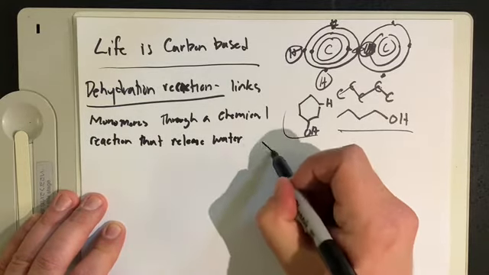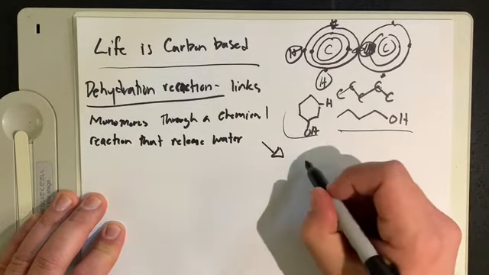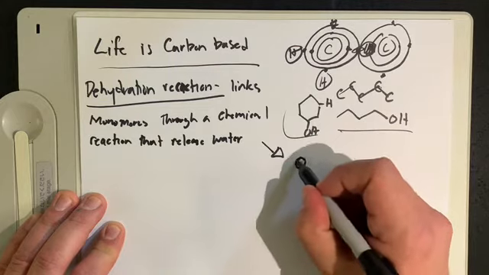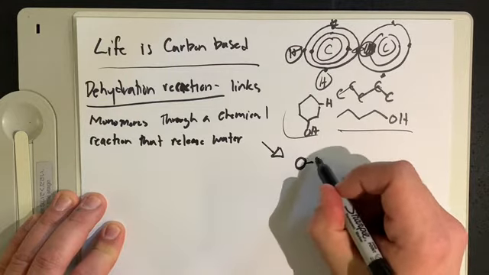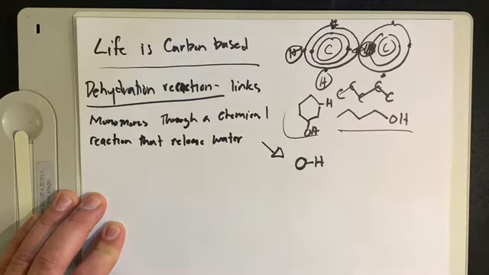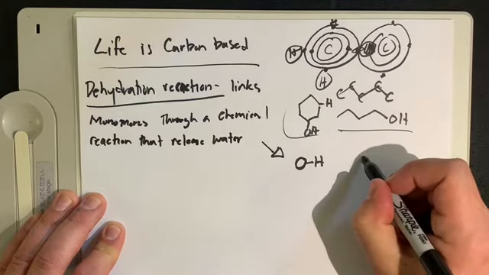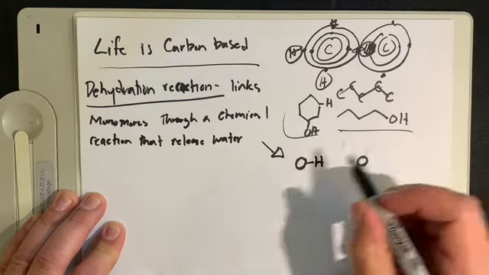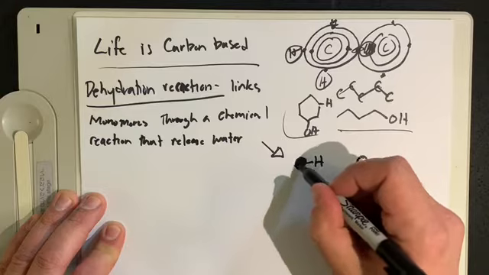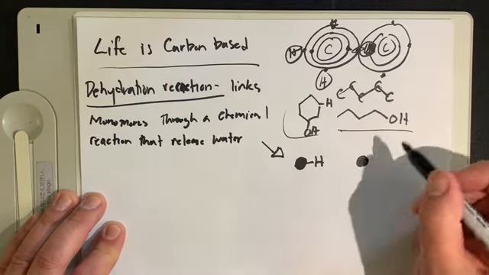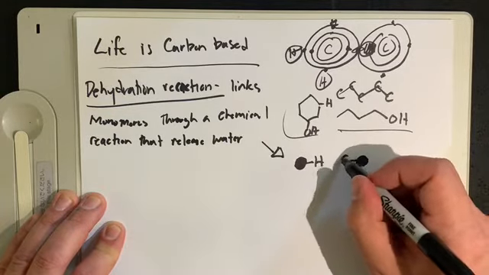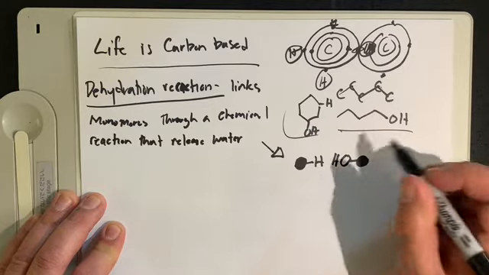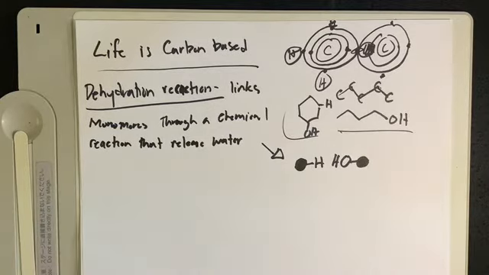Let's say we have two monomers here. So here's one monomer, and on that monomer it has a hydrogen atom. And then here's another monomer. These aren't oxygen, so we'll just color these in. And this one has not only a hydrogen atom, but also a hydrogen and an oxygen atom.